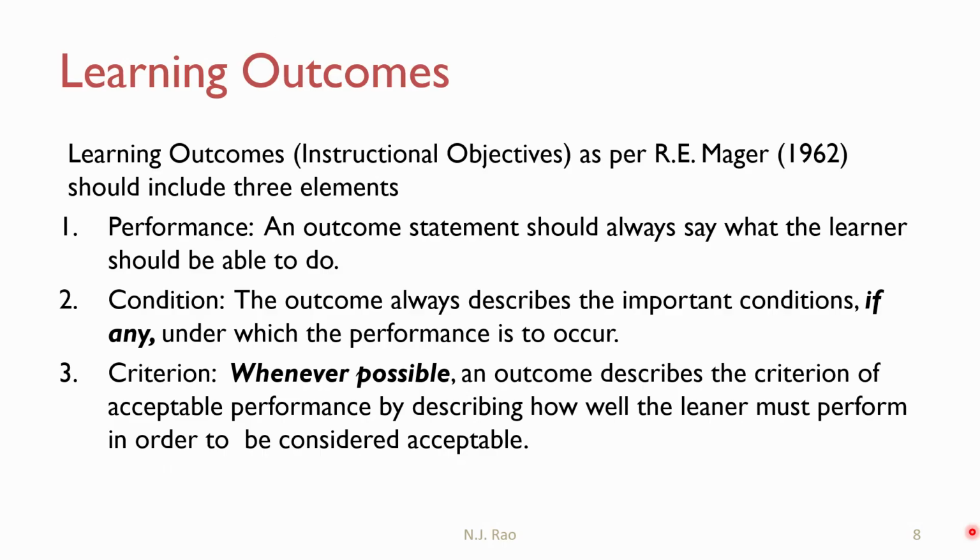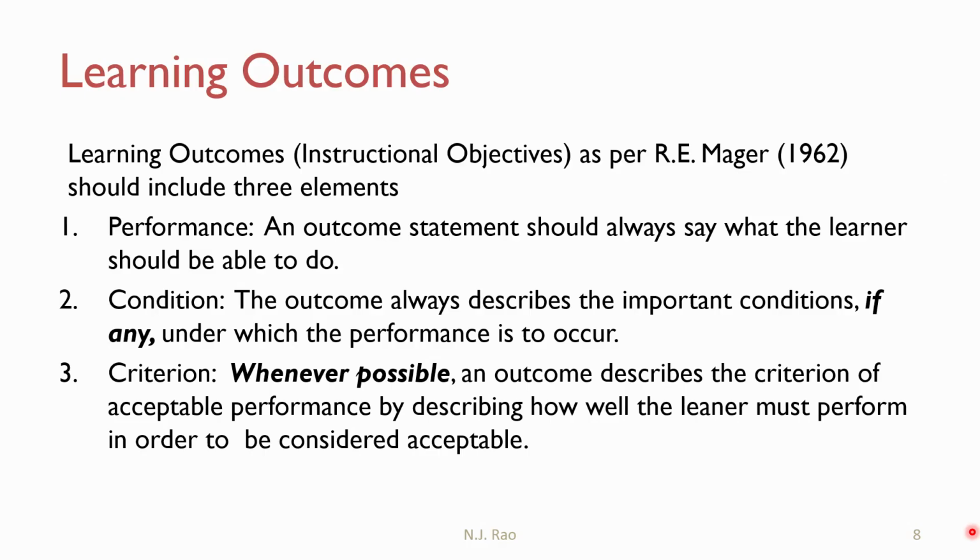In engineering programs they become optional, except where a laboratory experiment has to be performed and you have to obtain results with certain accuracy. That requirement of accuracy becomes the criterion, and once again the statement is qualified by whenever possible.